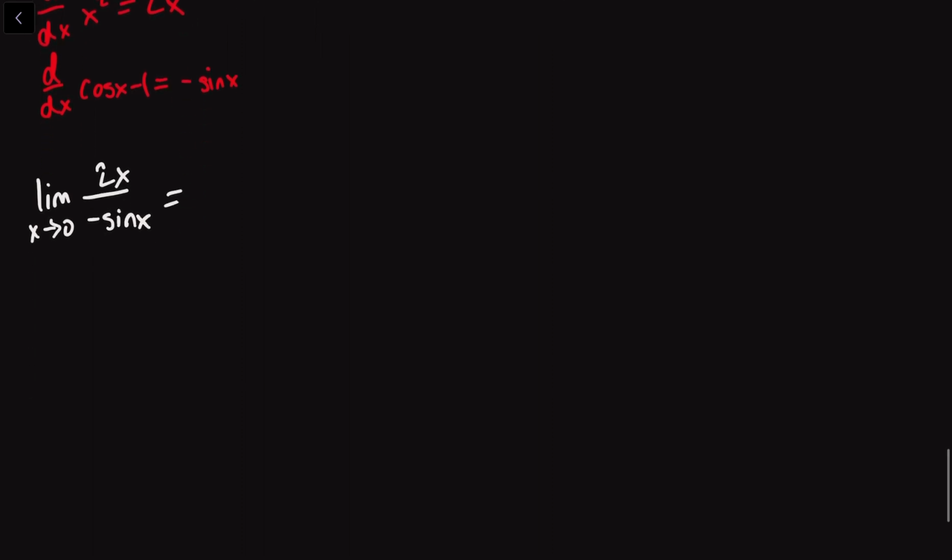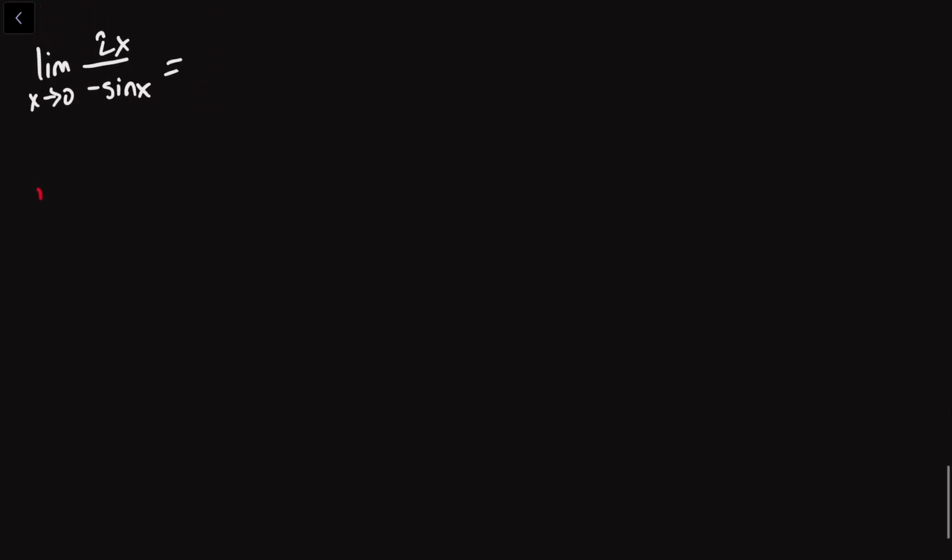Then we take the derivative of 2x, the numerator, which is 2. And the derivative of the denominator, the derivative of negative sine of x, is negative cosine x.